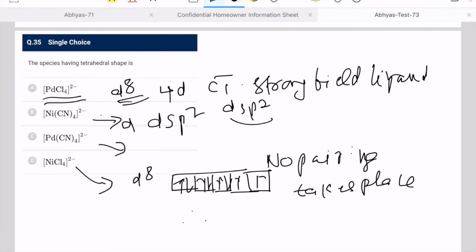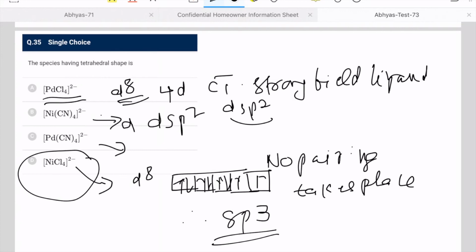Therefore sp3 hybridization is taking place. So in NiCl4 only, sp3 hybridization takes place, and D is the correct option.